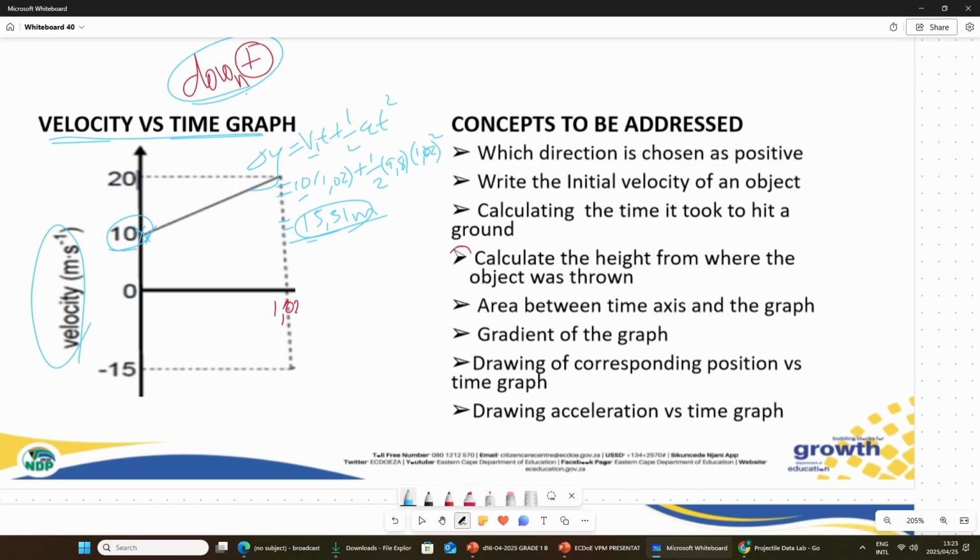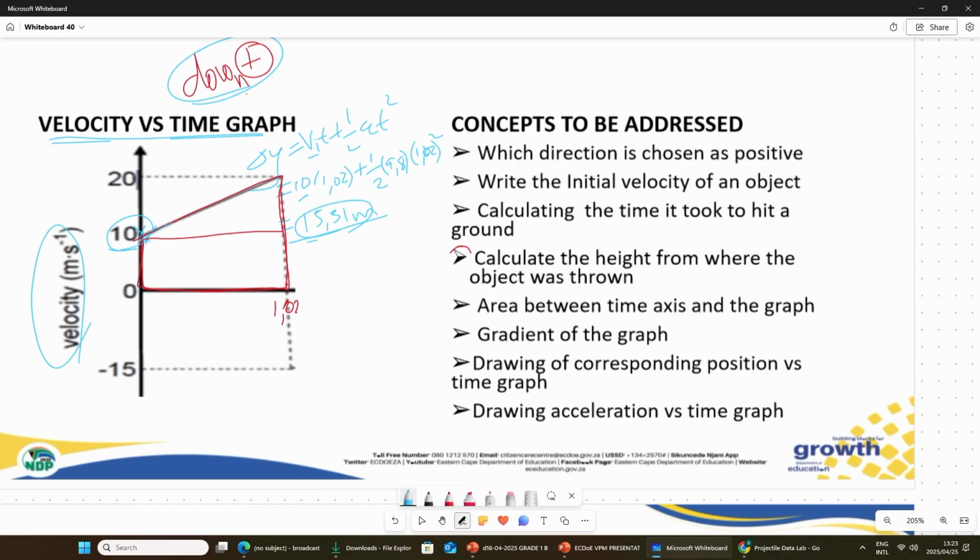And also you can use the area under the graph. If we're looking at the area under the graph, this is the shape that we're getting here. That's the shape of a trapezium. Or you can also just split it into the one you're most familiar with, a triangle, the top part.